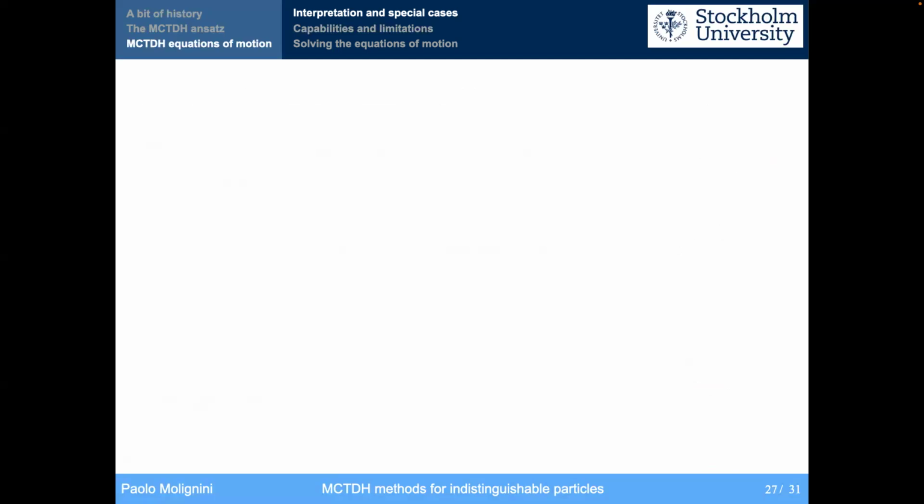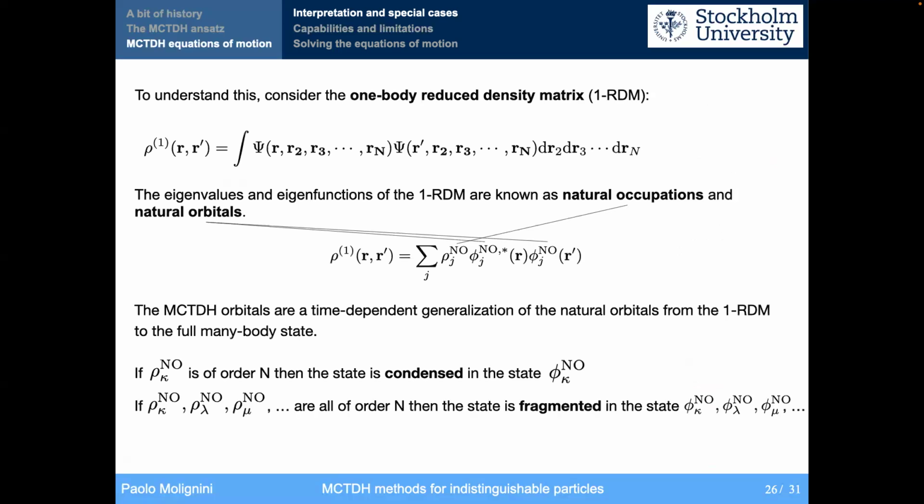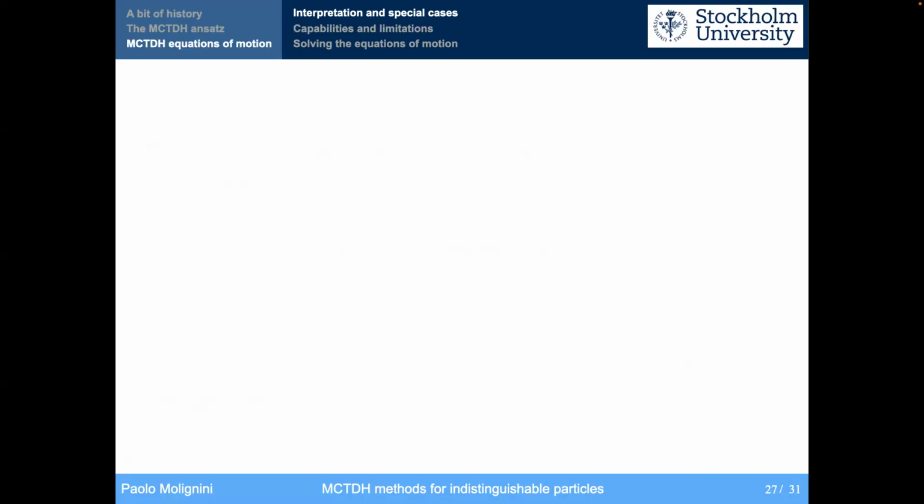The decomposition that we have is basically the same as these natural occupations, but a time-dependent generalization of that description. In particular, if you have a very slowly varying field, then they are basically equivalent to one another. That allows us to come up with this nice hydrodynamical picture of superfluids interacting with one another.